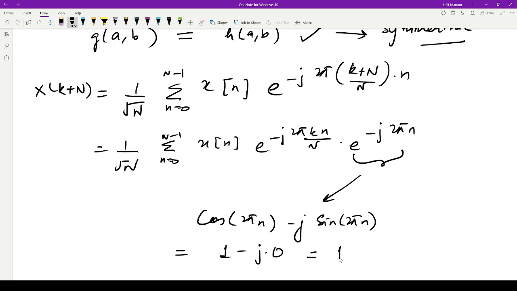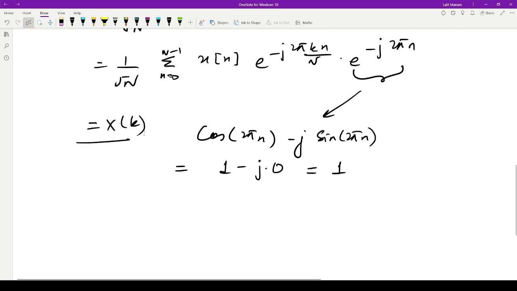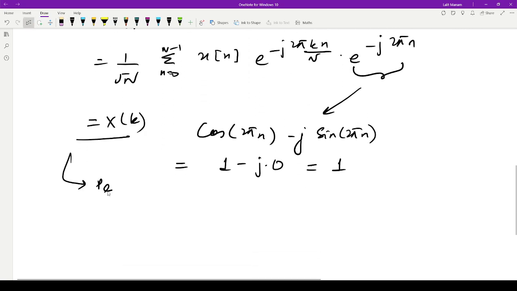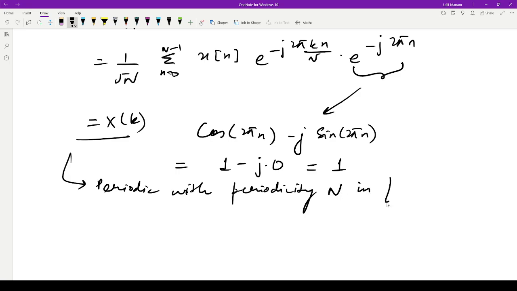So it's still a complex number, but we get a real number since it's 2πn out there. Given this, what do we see? This is the same as x of k, right? Is it periodic? Yes. Periodic with periodicity N, and in what domain? In the frequency domain.